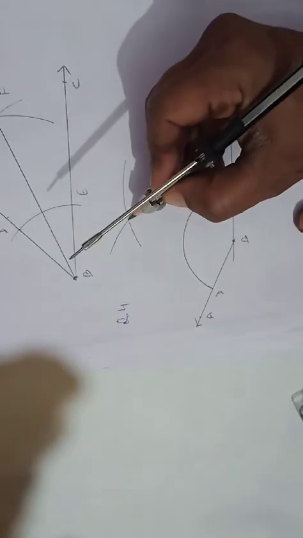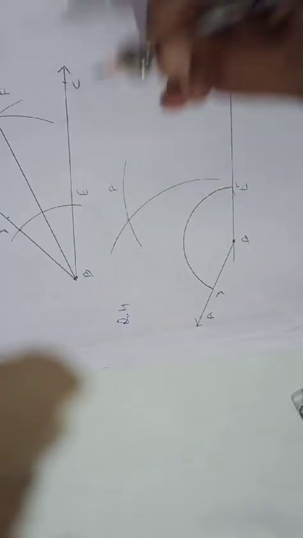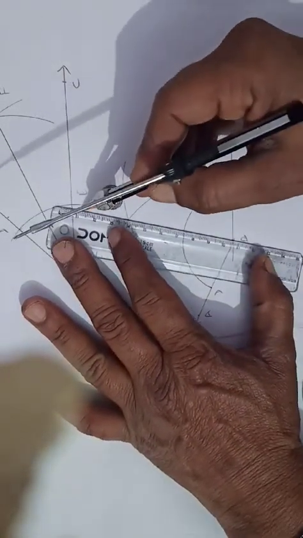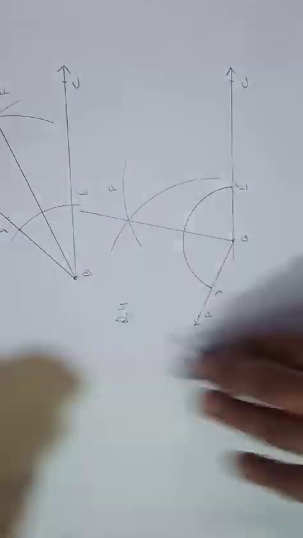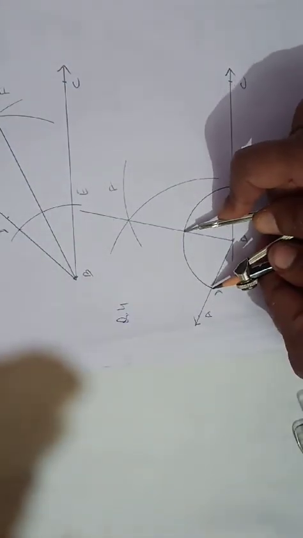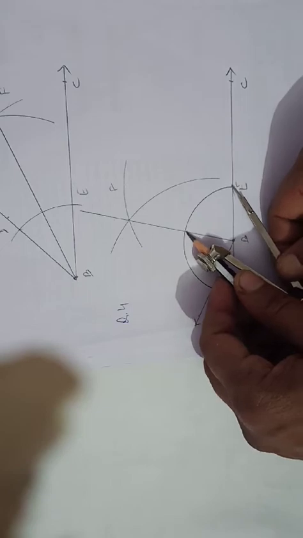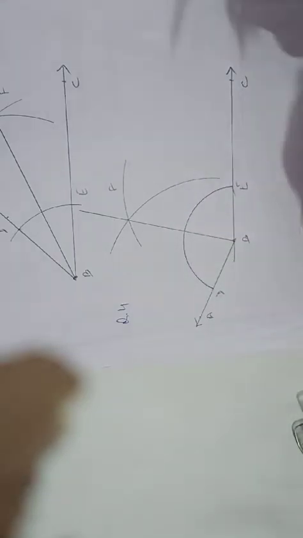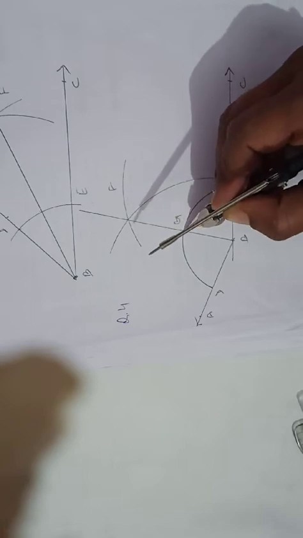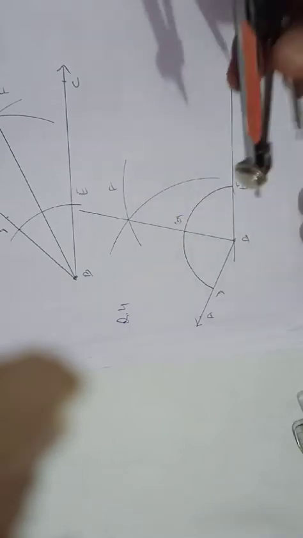So let it be F. Join these two points. So you can measure with the help of this one also. So it is the same. Now let this point be G where this ray and this arc cut.